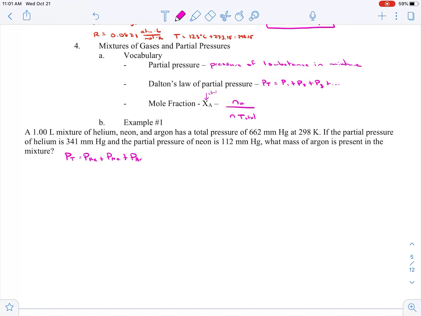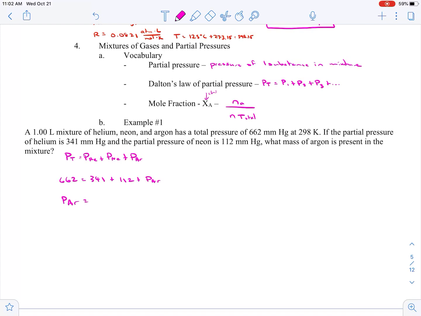So we know our P total is 662. We know our partial pressure of helium is 341 and our partial pressure of neon is 112, and we're looking for our partial pressure of argon. So we're going to take 662 minus 341 and minus 112.